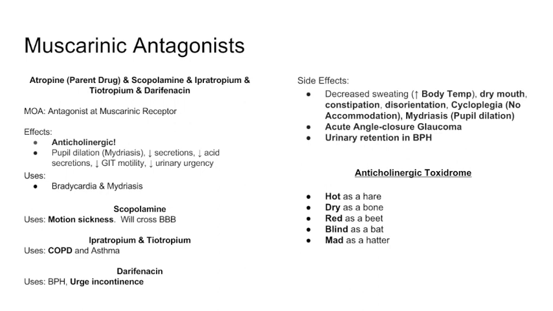Scopolamine is actually the main ingredient in some of the patches that you'll see for people who have motion sickness or seasickness. You put the patch on behind your ear to help with motion sickness. It will cross the blood-brain barrier, and that's why it's used in this specific case. Ipratropium and tiotropium are both agents used for asthma and COPD.